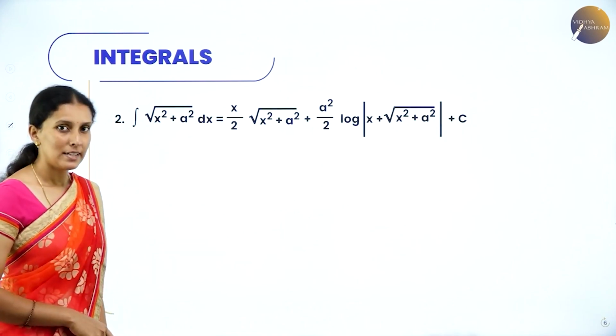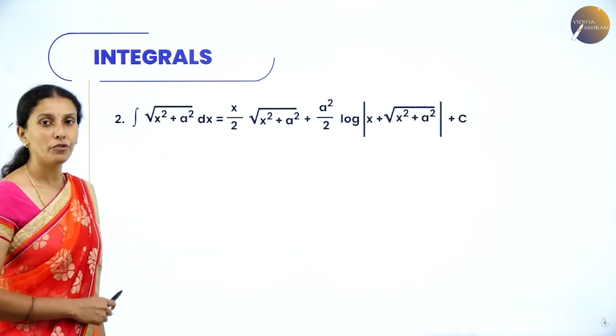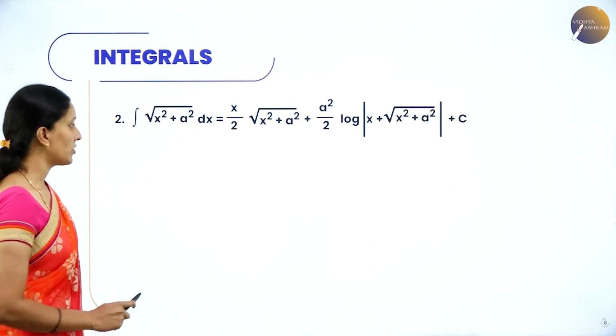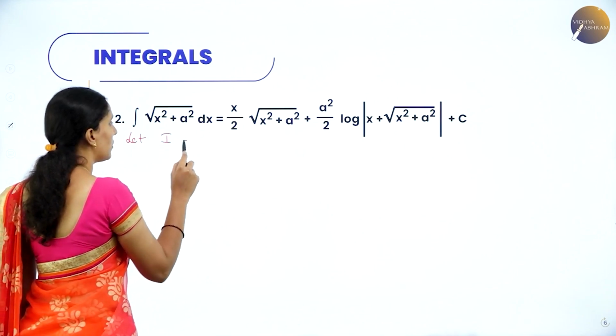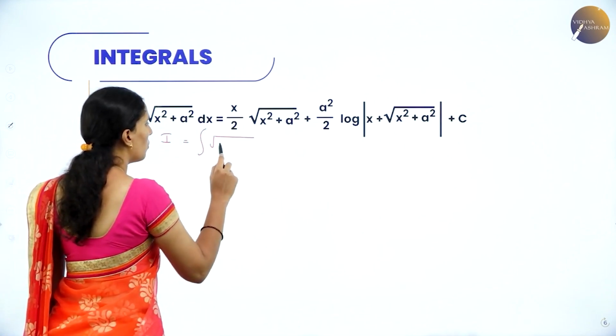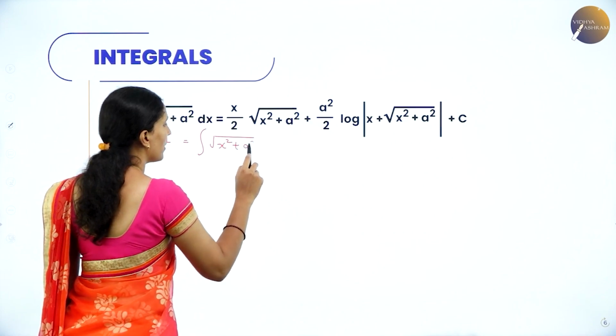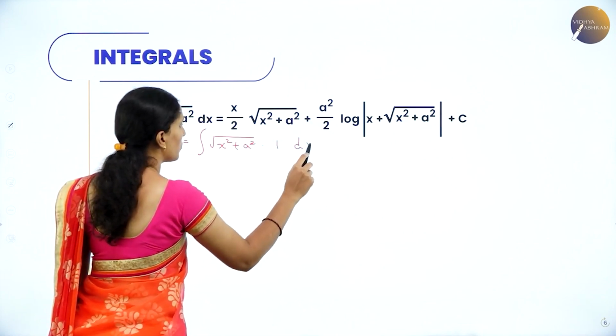Let us prove the second one in the same manner. Here also we are going to apply the integration by parts. So let I is equal to square root of x square plus a square into 1 with respect to x.